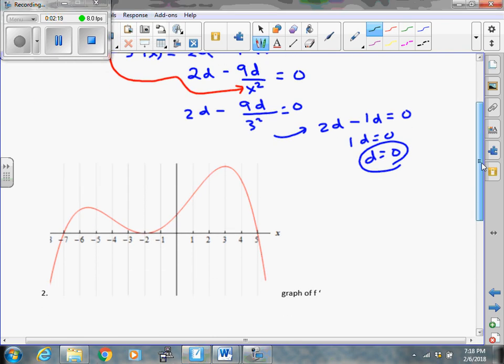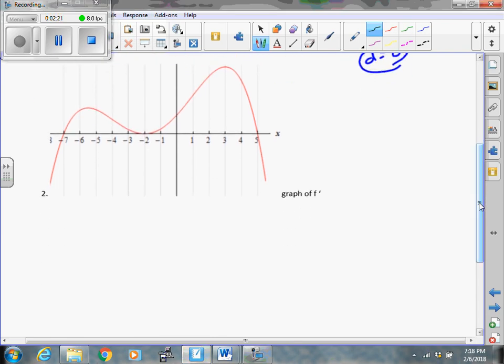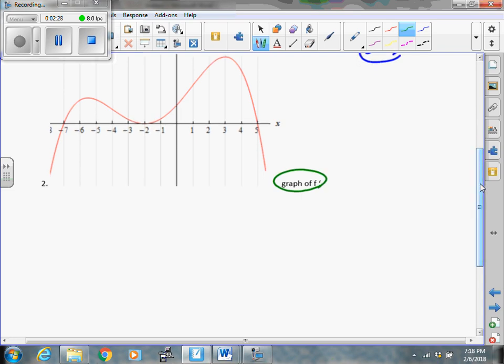Okay, this next one, we'll start with a graph. And we'll start with the graph being a derivative. Now I can ask you a series of questions based on this graph. So I'm going to stream through a series of questions. First question I could ask you is, where are the critical values or crit points?